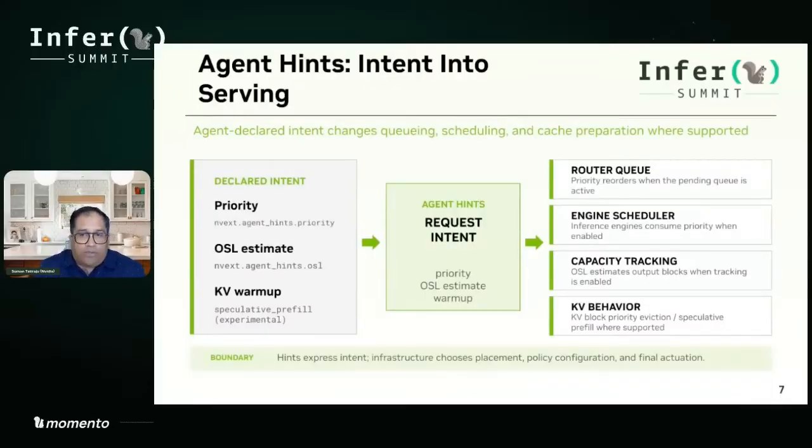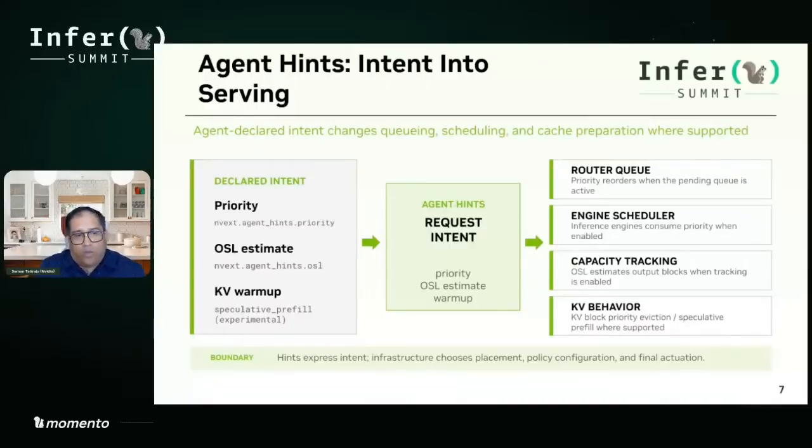The router uses this priority to reorder what's in the pending queue when there is pressure, so that tasks with higher priority get queued at the beginning of the queue. The same priority is also sent to the engine schedulers if engines support this priority.